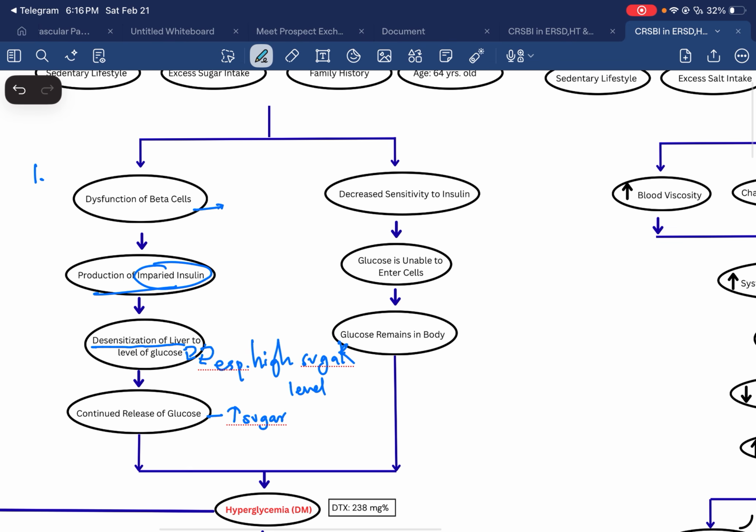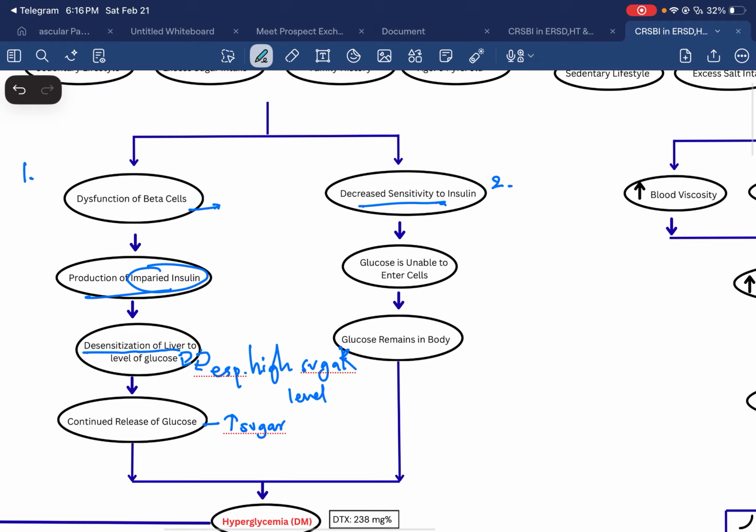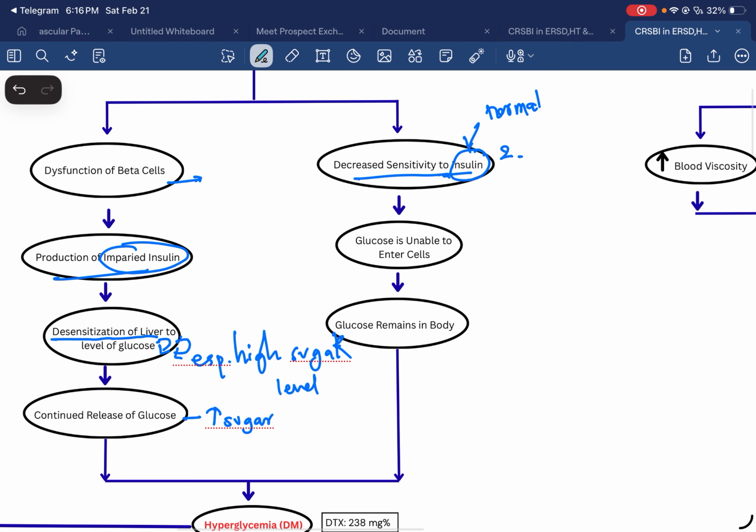And another pathway is what we call type 2 diabetes, and in this pathway there is decreased sensitivity to insulin, but insulin production is normal.